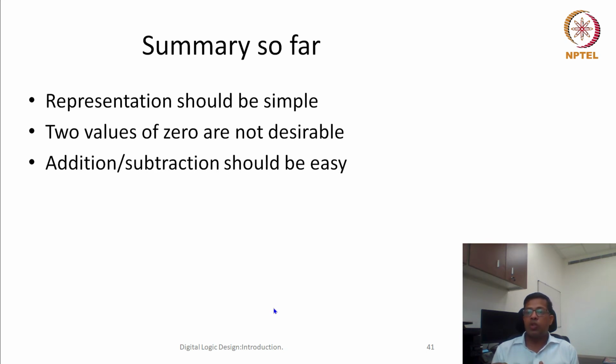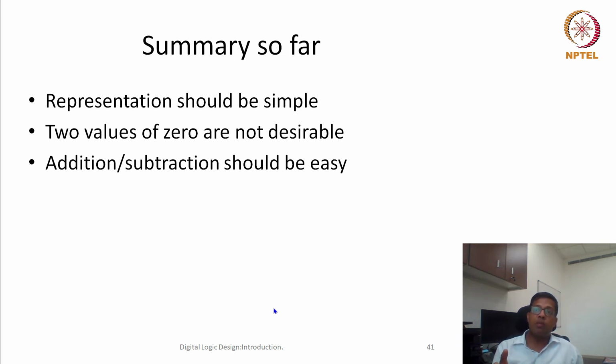Two representations of zero will give unnecessary hustle, and the results are not desirable because it will create some confusion. The other thing, addition and subtraction should be easy, and because we are talking of a digital design or digital hardware, it would be even better if addition and subtraction both can be done using the same hardware, or in the same method.